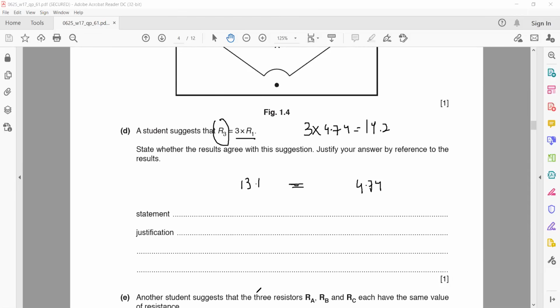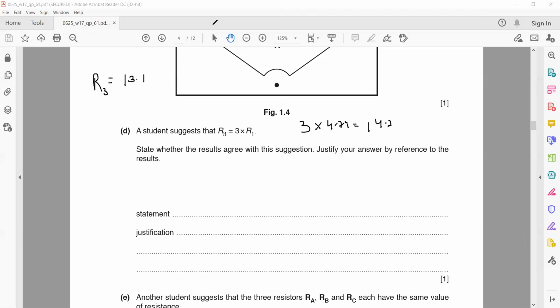State whether the results agree with the suggestion. The practical value of R3 is 13.1. But when 3 is multiplied by R1, 3 multiplied by 4.74, the value is 14.22 or 14.2, in three significant figures.